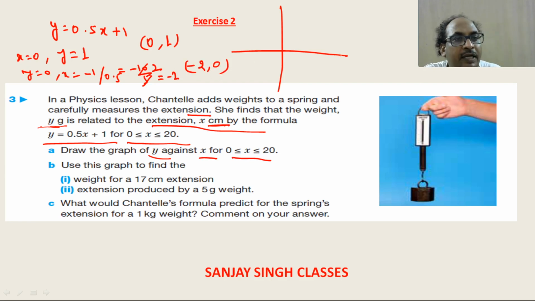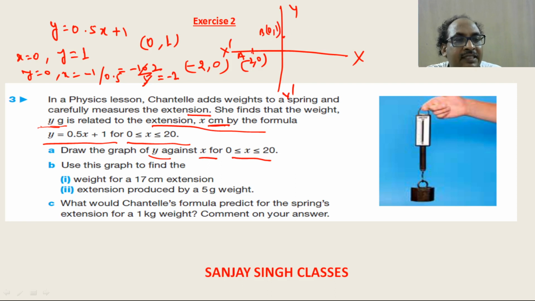So on the x, x dash, y, y dash axes, minus 2 and 0 will be somewhere here, say point A, and another point is 0 and 1, say point B, where x is 0.